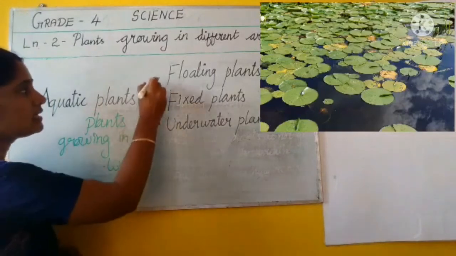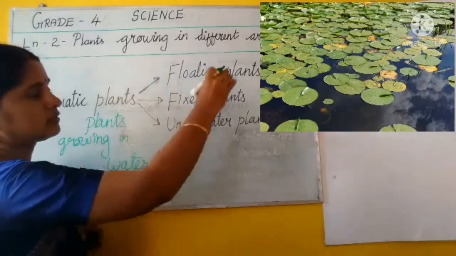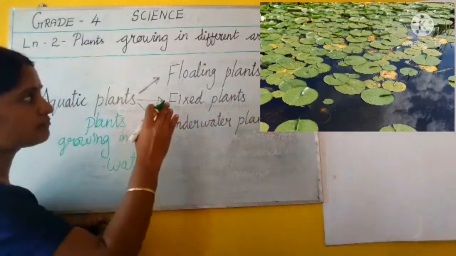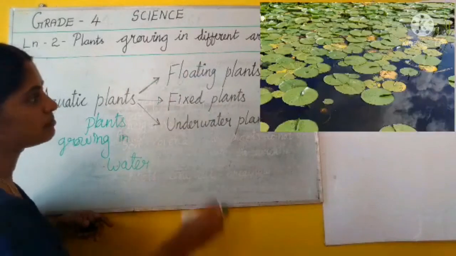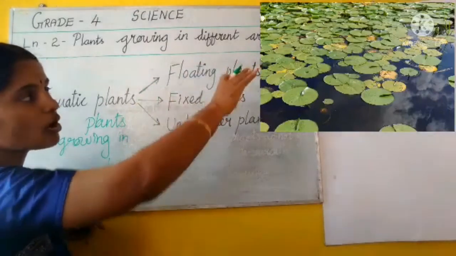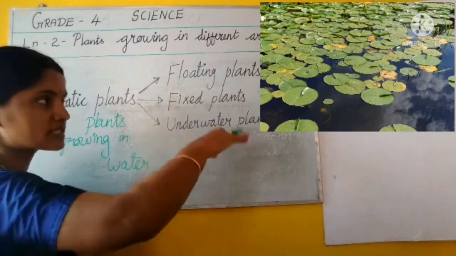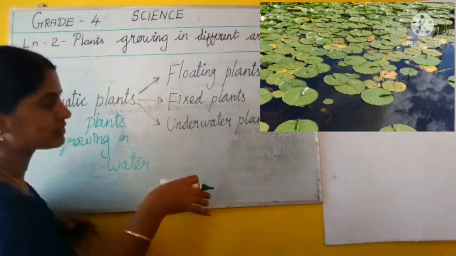See, in aquatic plants we can see three different kinds of plants. Some plants are floating on water. Some plants are fixed in the soil, but it is in water.